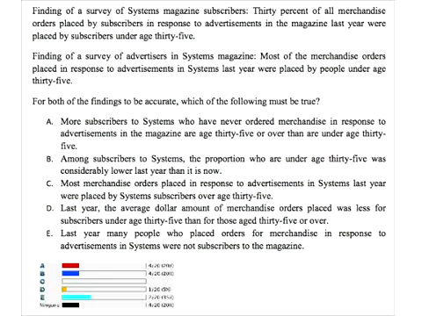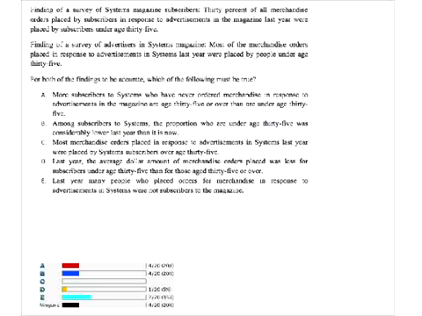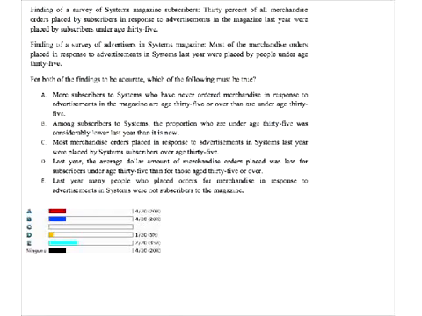Interesting. Let's take a look. And along the way, we will learn a little bit about how these things work. So let's come back to Systems Magazine in a second.